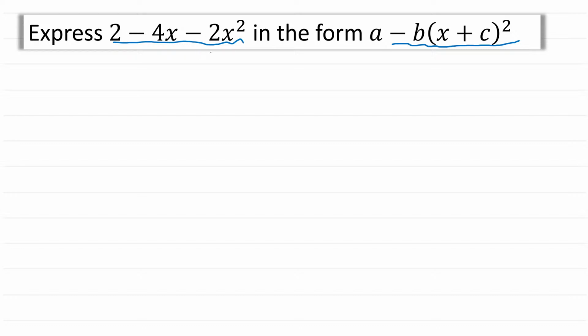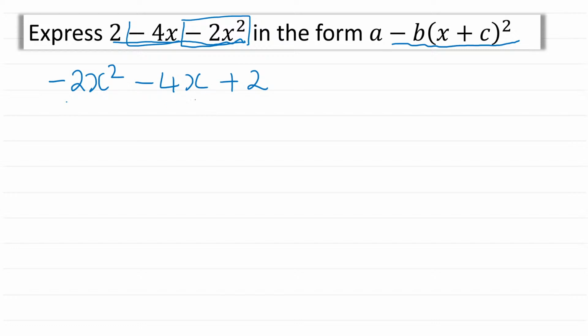So we need to have the x squared part at the beginning of the expression. So I'm going to rearrange. Remember, the negative belongs to the term on the right, and this as well. So if we rewrite this, we will have minus 2x squared minus 4x and then plus 2.